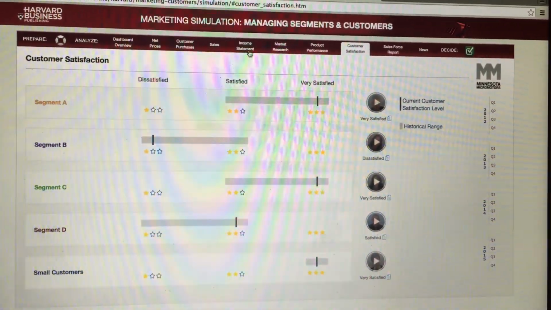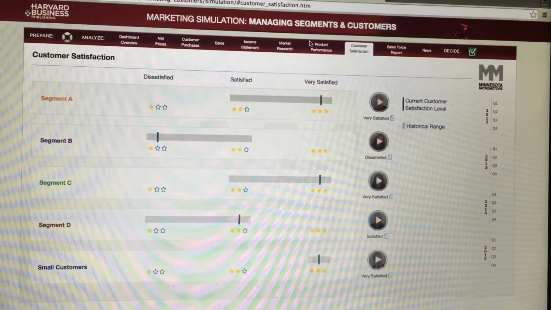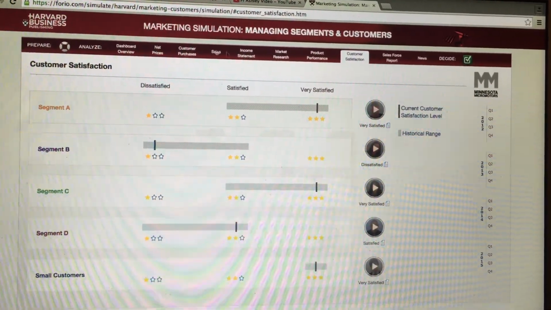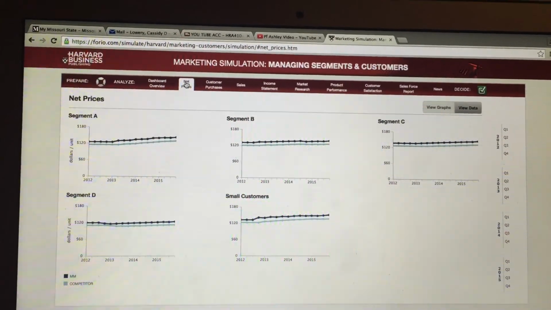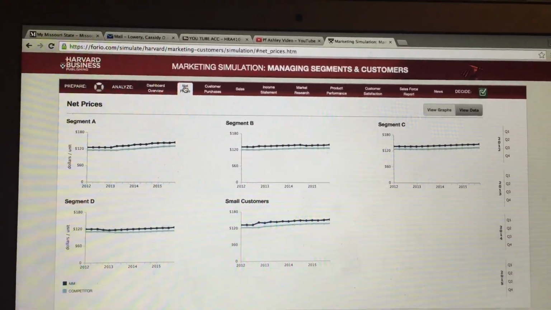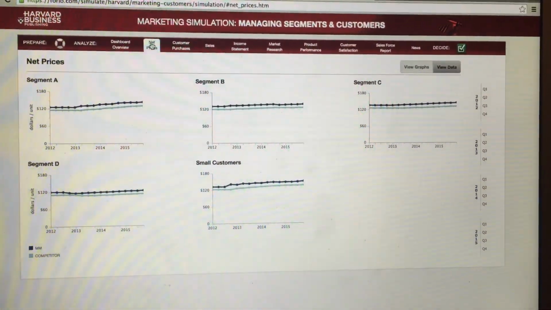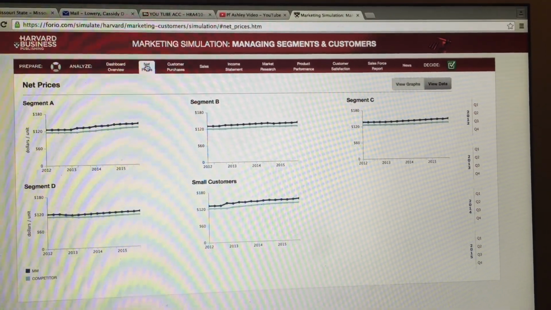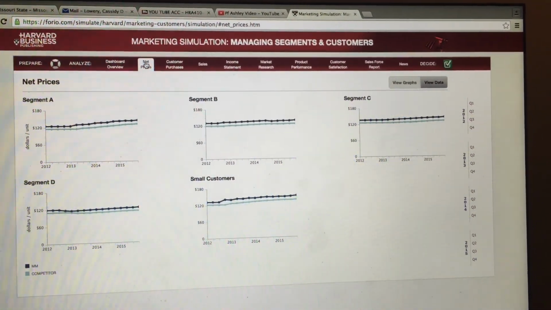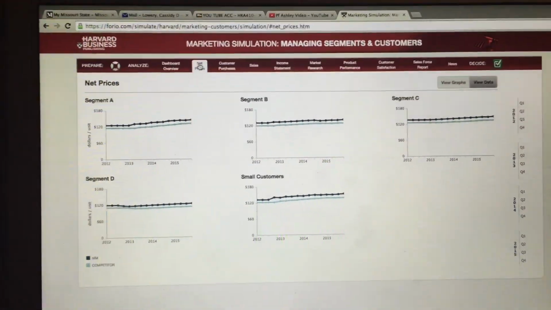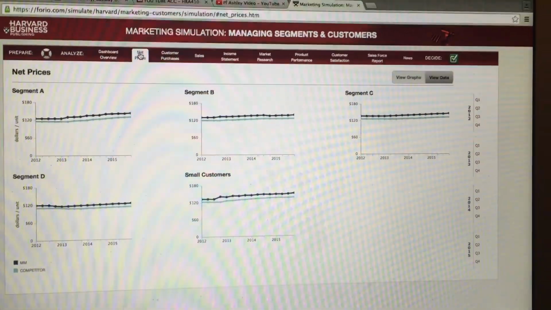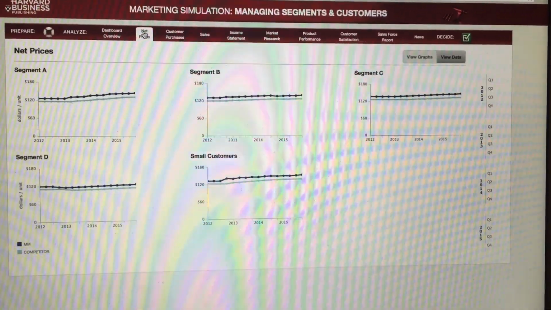So as far as pricing goes, I definitely slowly raised the price because I didn't want it to be overwhelming to the customer, but I also definitely had to raise the price. I would usually go up $1 per quarter.